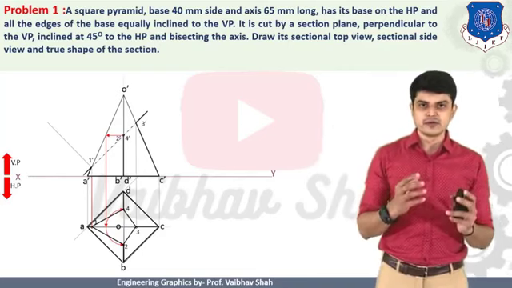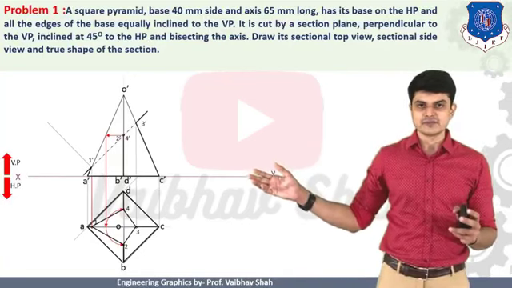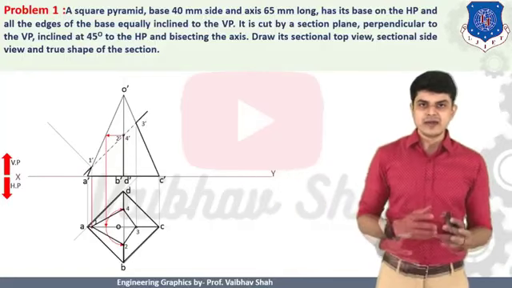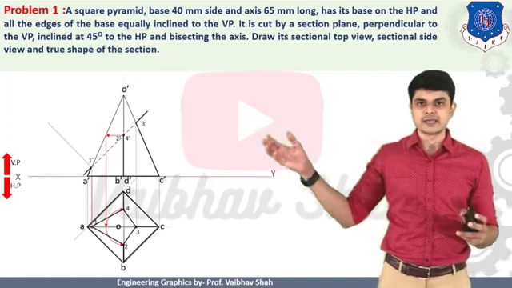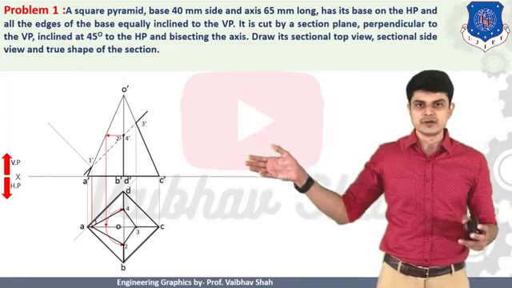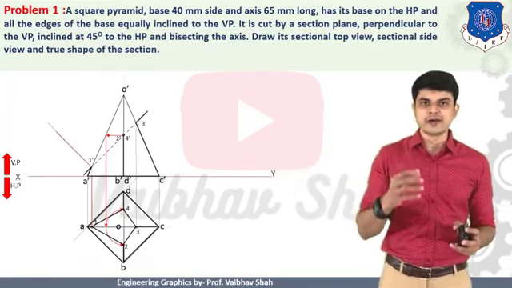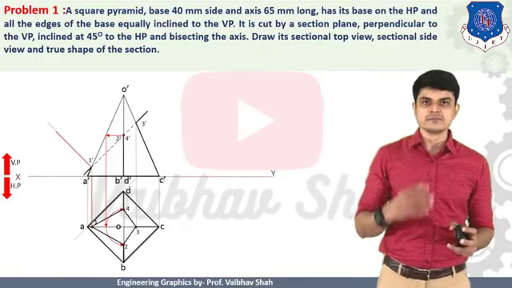Now put your rounder on your XY line, the real XY line. Then take the dimension of your point A from your XY line until your top view. After taking the dimension, you should put your rounder on the intersection of your cutting plane and the 1 dash line there, and make one arc on this 1 dash line. You will get one new point generated, which will be nothing but your point 1, 1.